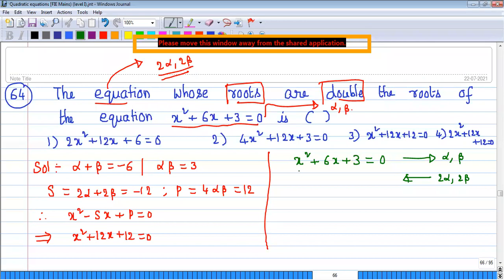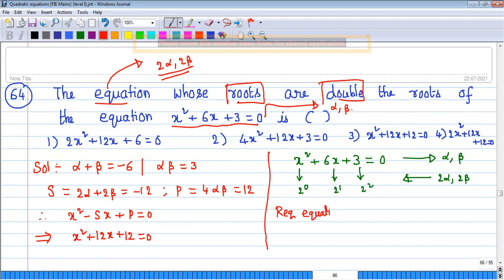Just multiply the first term with 2 power 0, the second term with 2 power 1, the third term with 2 square. So the required equation is 2 power 0 is 1 into x square, 2 into 6x is 12x, 2 square is 4 into 3, 12 equals 0.